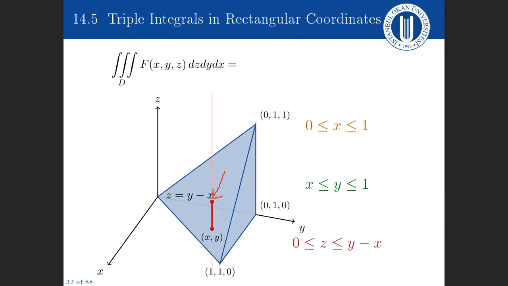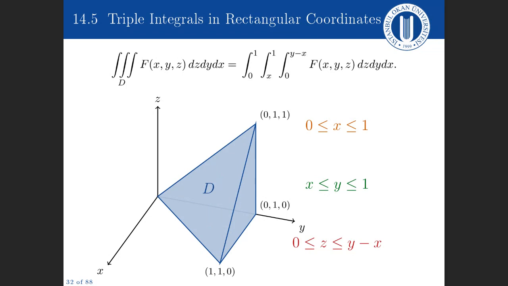It's the plane passing through the origin, 1, 1, 0 and 0, 1, 1. We've talked about how to find the equation for a plane passing through 3 points. This plane can be written as z is equal to y minus x. So this red line leaves the tetrahedron when z is equal to y minus x. And that's what we needed.